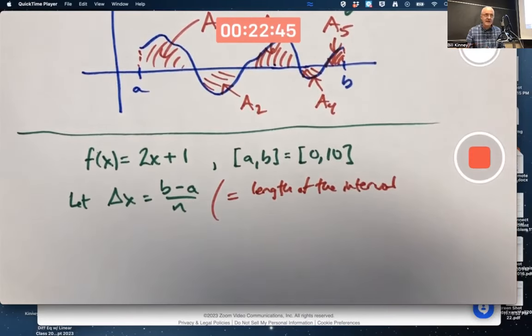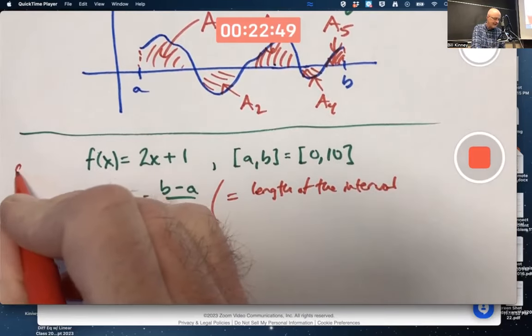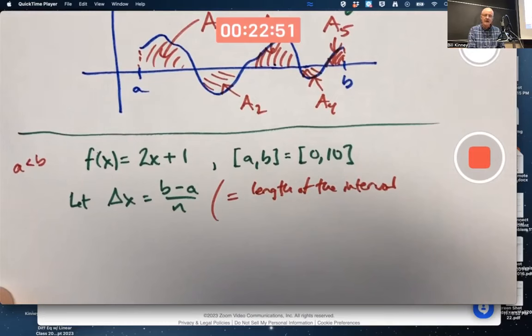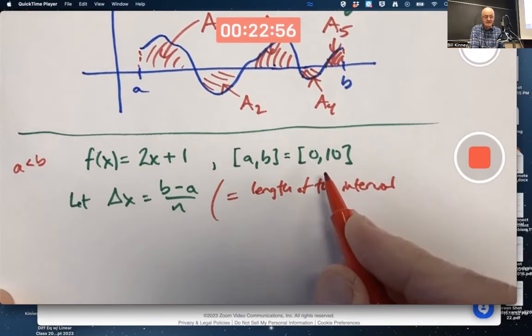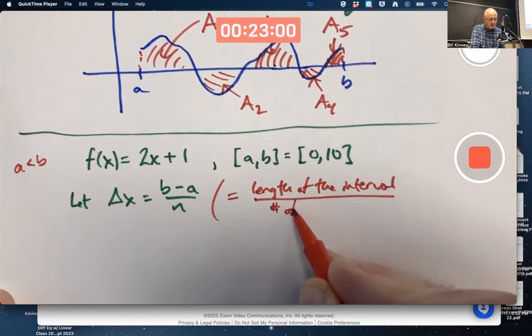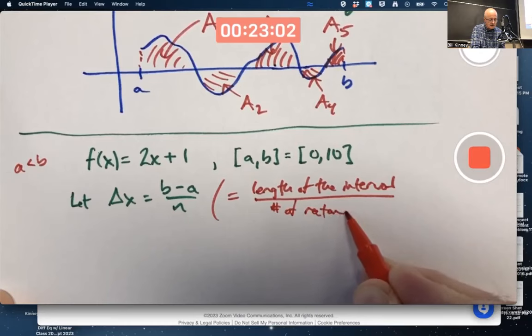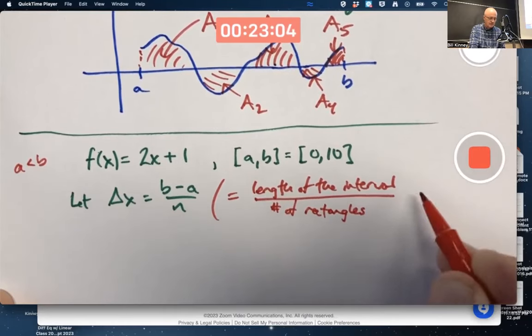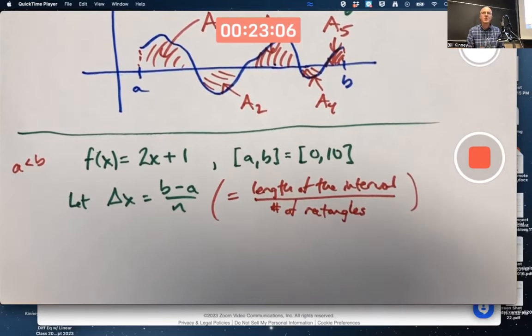right? If a is less than b, which is what I am assuming here, b minus a is going to be the length of the interval. In this case, it's 10 minus 0, it's 10. And n is the number of rectangles that I'm going to use to approximate the area.